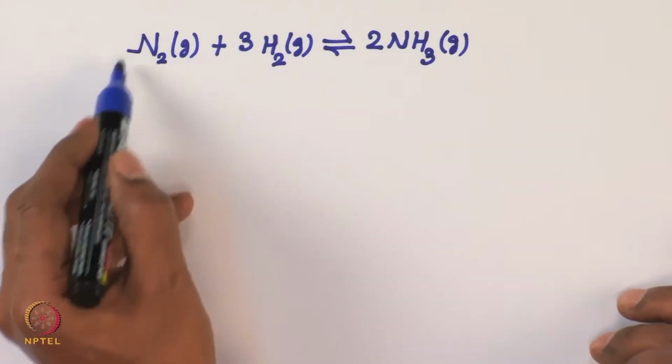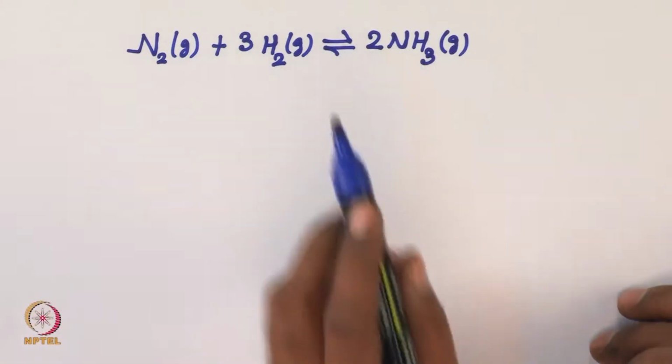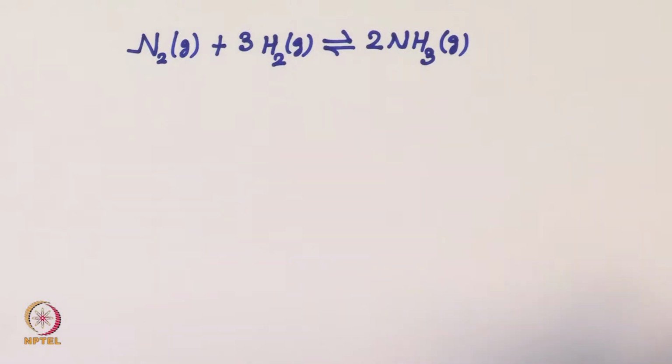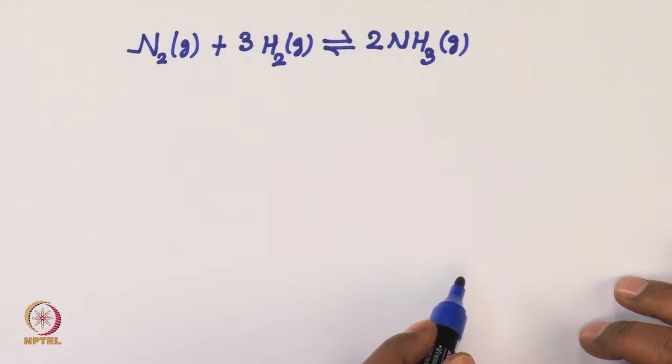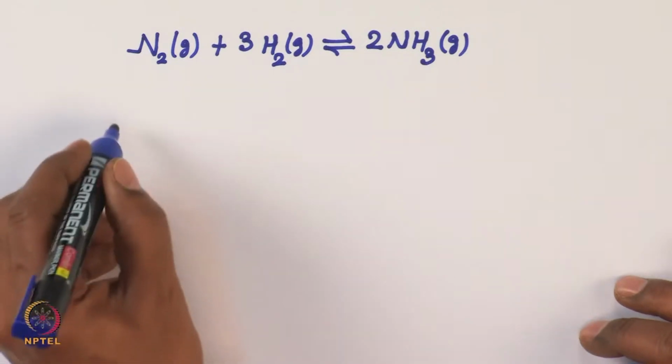I can write 1 by 2, 3 by 2, whatever way you write, the actual final answer is going to be same. We have to find out what is the effect of pressure.